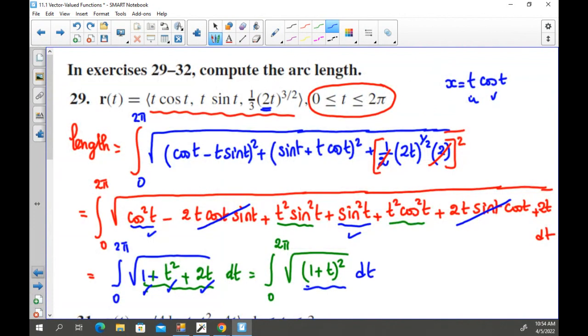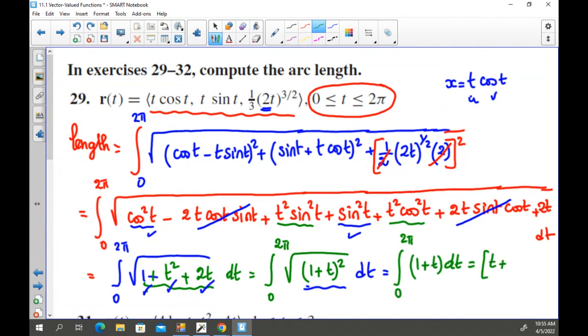Okay, so let me get back here. Now the square with the square root will go. So it's going to be the integral from 0 to 2 pi of 1 plus t dt, and it's very simple now.